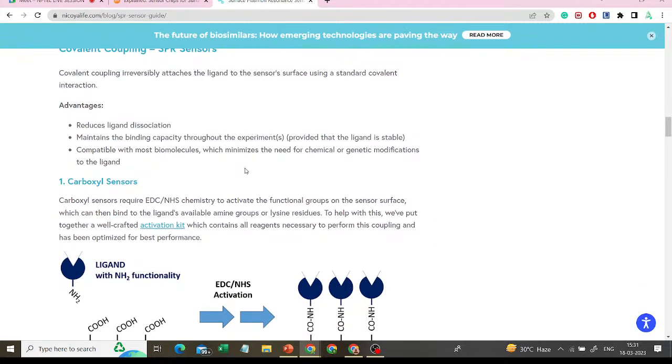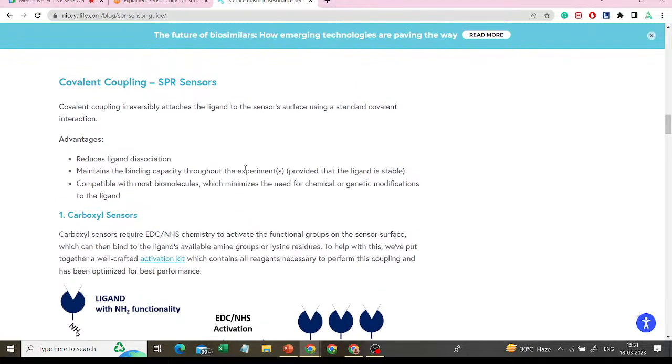So these are the different charts. Coupling here is covalent coupling, which is not reversible. It irreversibly attaches the ligand to the sensor surface using a standard covalent interaction. What are the advantages?